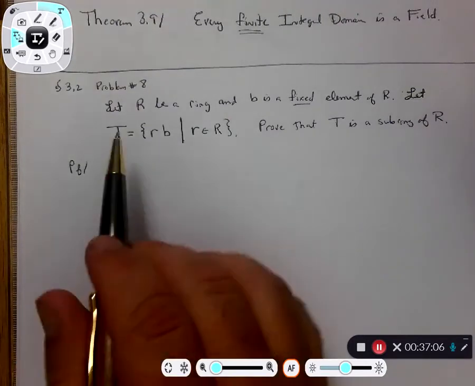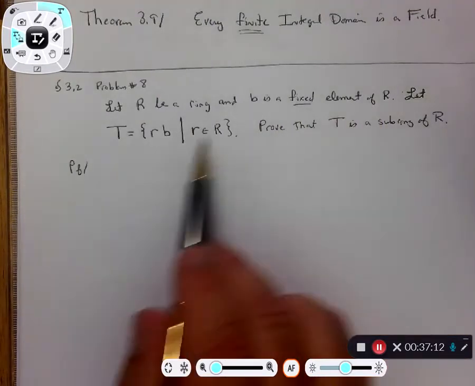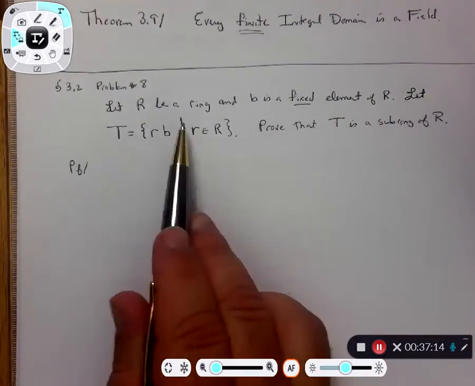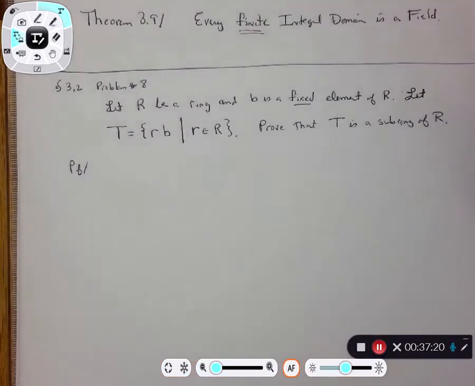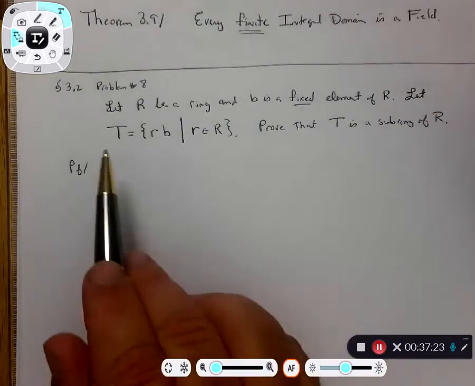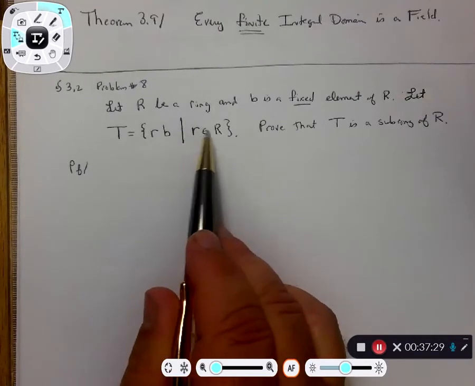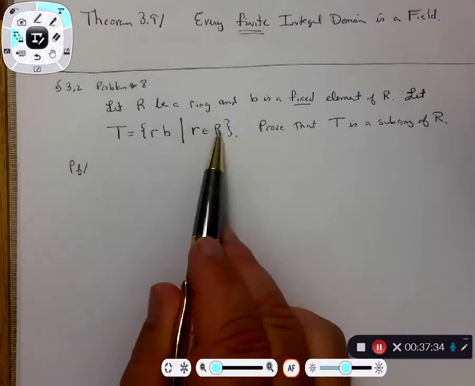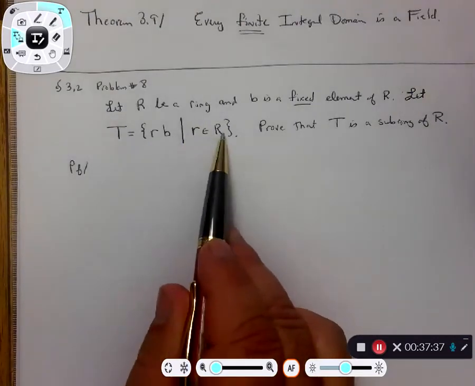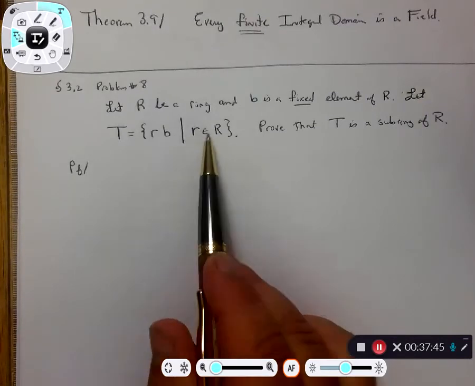It says this: let R be a ring and let B be a fixed element in R. And let T be equal to, now here's the trick on this set notation, so let me show you how to read this stuff, the set of RB, R times B, such that R is an element of R. In this set notation, this is what the elements look like, this is the property, and this is where they come from.